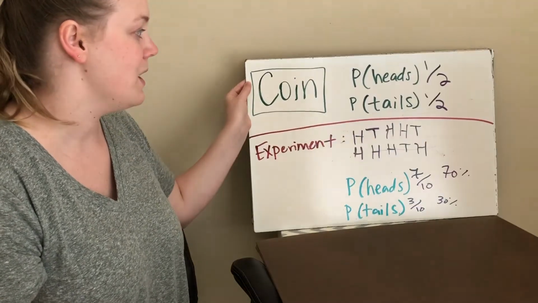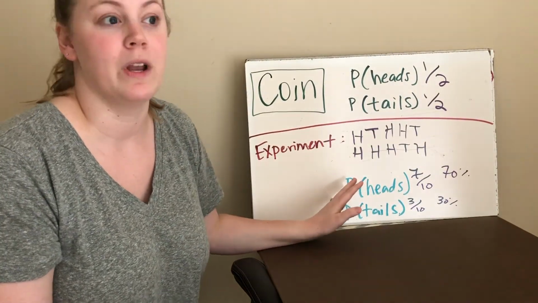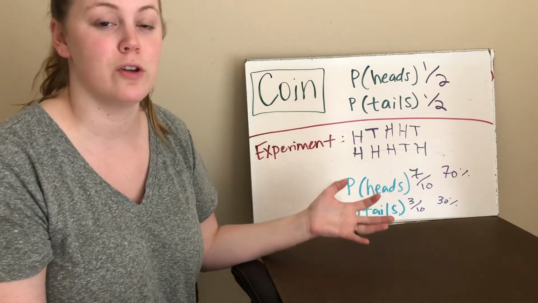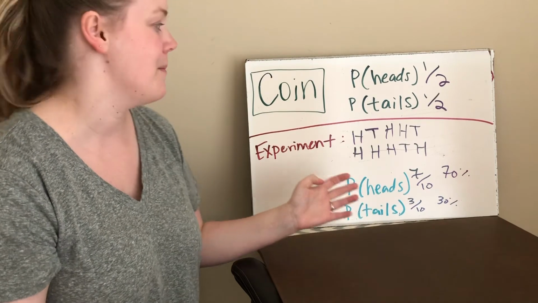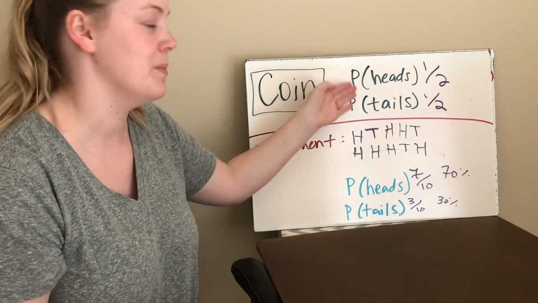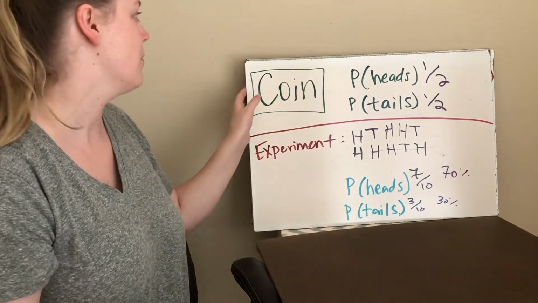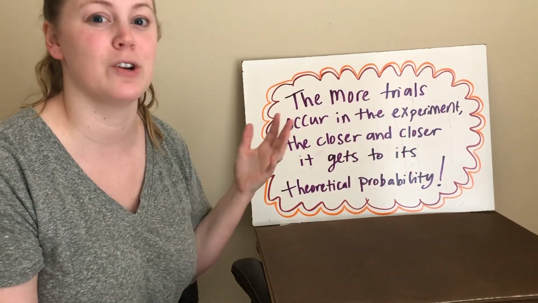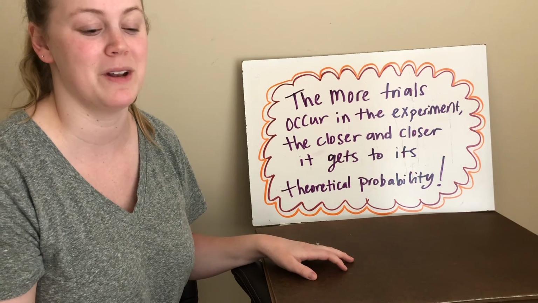With flipping the coin, if I did 100 trials or 1,000 or 1,000,000, I would get closer and closer to my experiment accurately representing a 50% chance for each. So the more trials within an experiment, the closer and closer we get to the theoretical probability. Thank you.